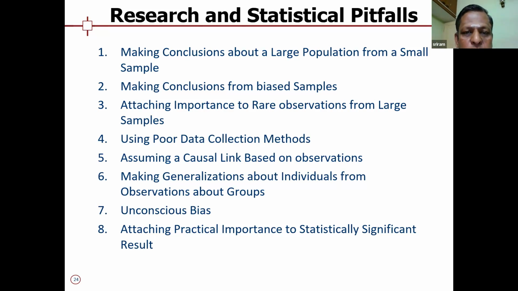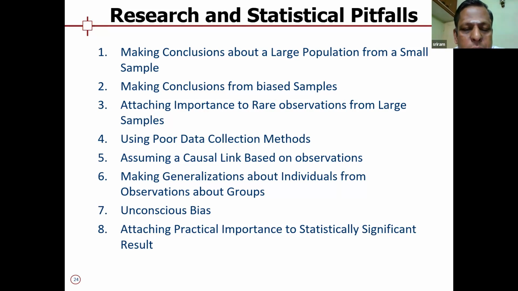Also avoid making conclusions from biased samples and attaching importance to rare observations from large samples. Suppose you get a lot of samples and one observation is extreme, we call it an outlier or extreme value. You should not give more importance to that; either eliminate it or explain why you are including that value in your research.